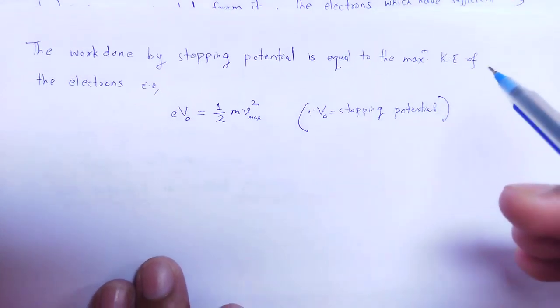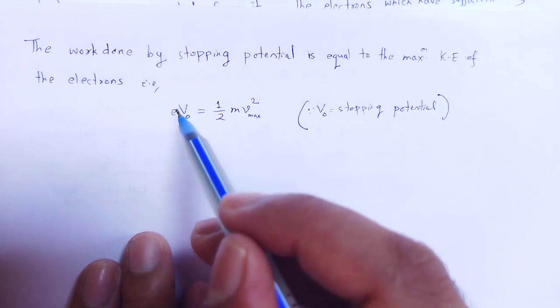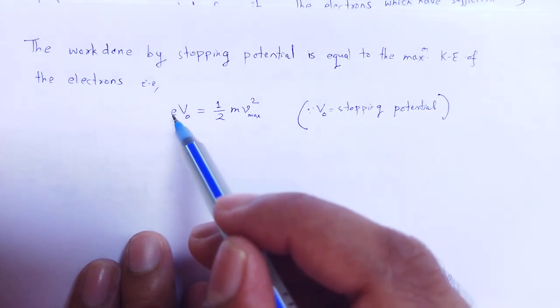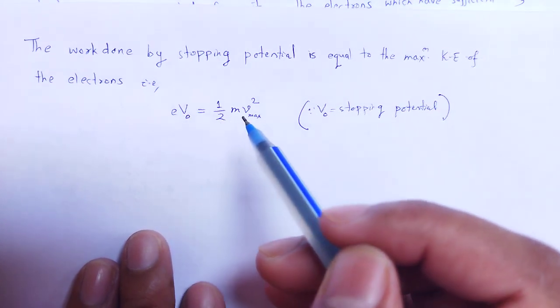The maximum kinetic energy is half m v max square, and the work done means the energy: charge of electron into potential, e V naught, equals half m v max square.